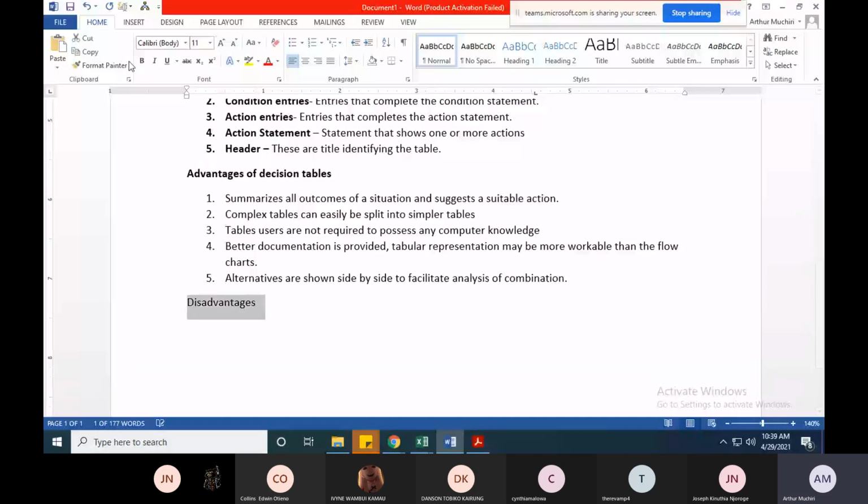One of the disadvantages is that if there is a large number of alternatives, it may be impractical to list them all in one decision table.